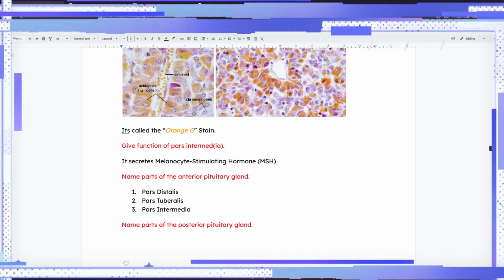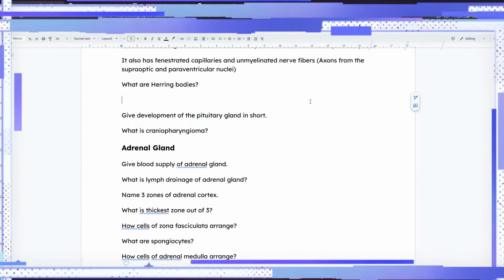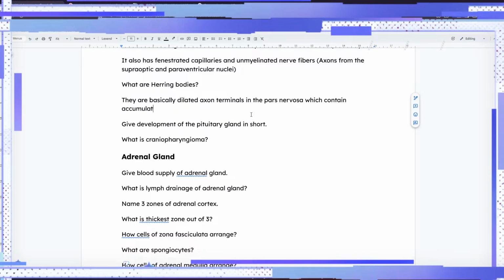They are dilated axon terminals in the pars nervosa, which contain accumulated neurosecretory granules that store the hormones ADH and oxytocin.